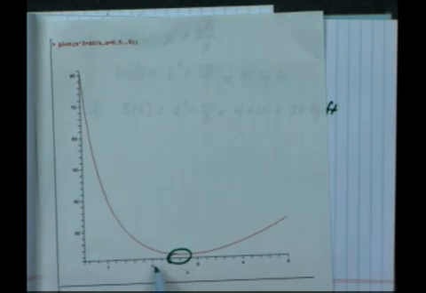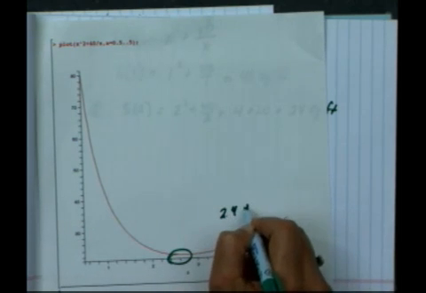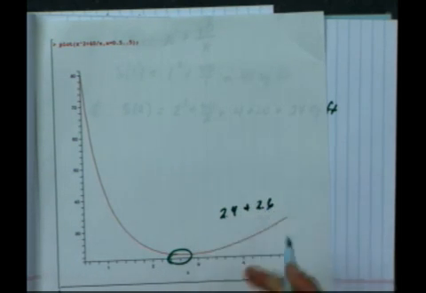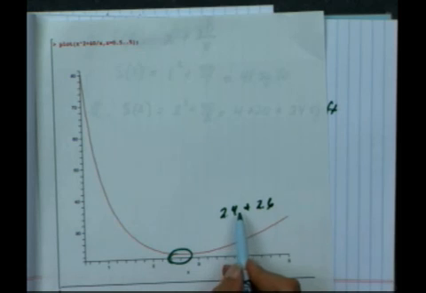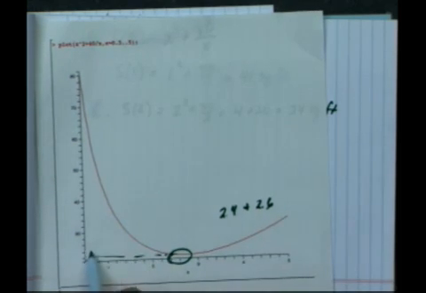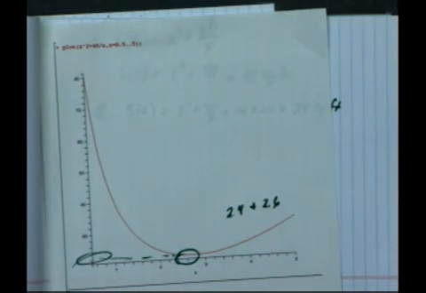But it looks like somewhere between 2.4 and about 2.6 for the dimensions of your base, 2.4 by 2.4, 2.6. You could try those out. That is going to minimize your surface area, therefore costing you a lesser amount. All right, everybody good on that?